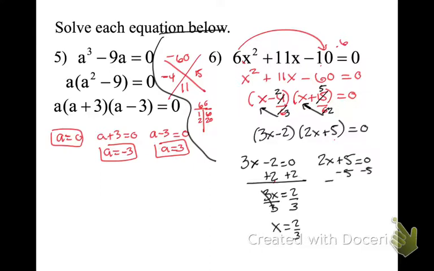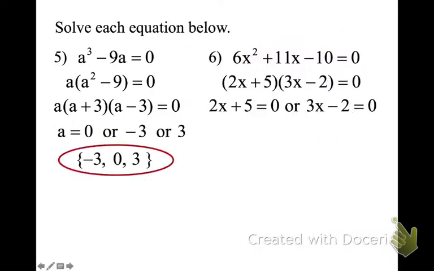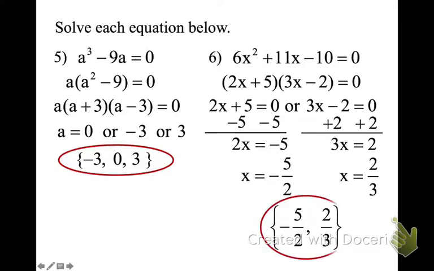Subtract 5, 2x equals -5, divide by 2, and x equals -5/2. Okay, so my solutions here are -5/2 and 2/3. Okay, questions? So you see, once I have anything more than a one-step equation, we're showing the math for it.